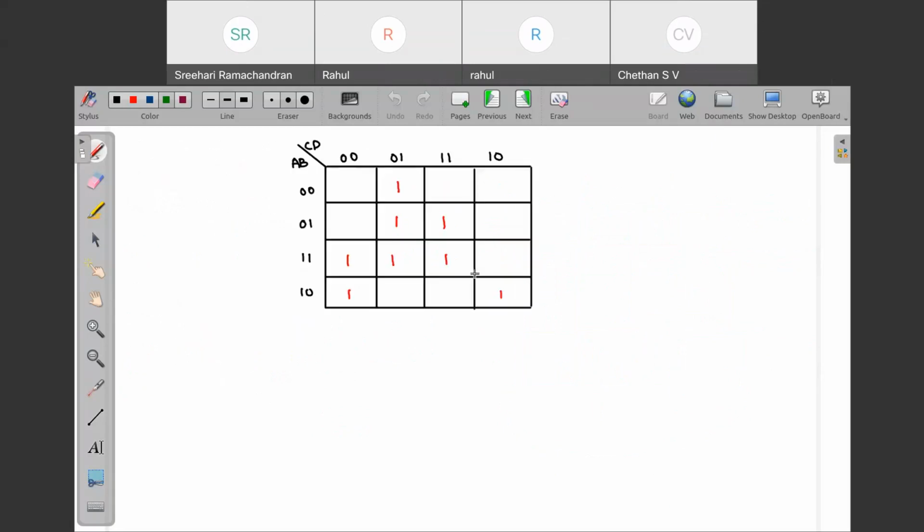Okay, fine. So what is prime implicant? First of all, let us discuss what is implicant.